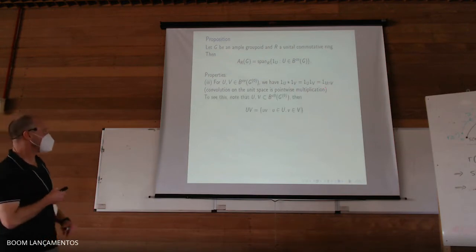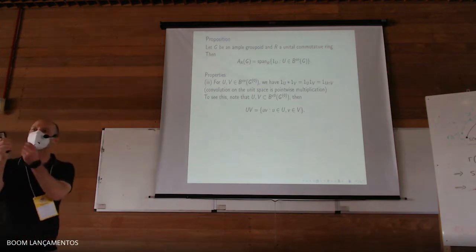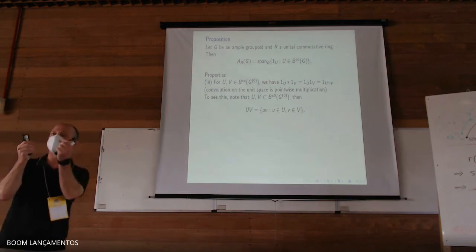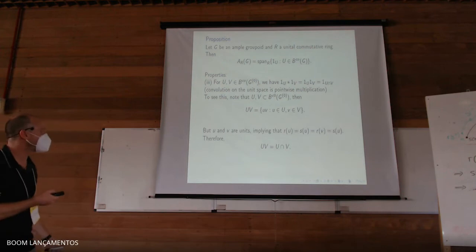Okay, so to see this, suppose we've got two compact open sets contained in the unit space. Then multiplication is defined in the semigroup sense as just the product of all elements in U with all elements in V, but when it makes sense, right? When it's meaningful.